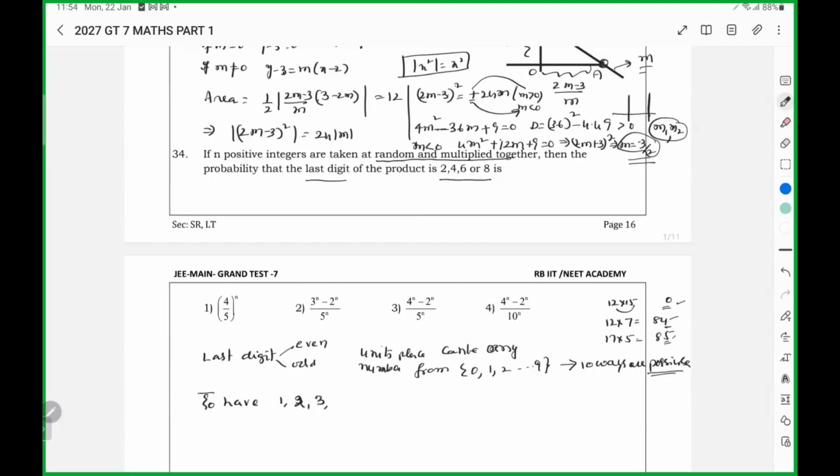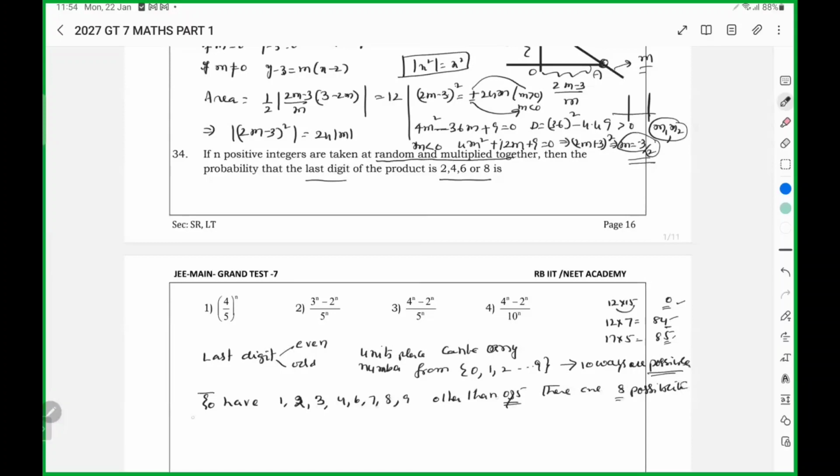I am choosing 4, 6, 7, 8, 9. That is, other than 0 and 5. So 8 possibilities.